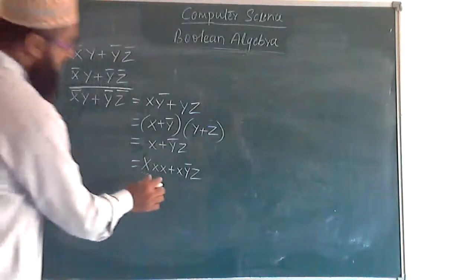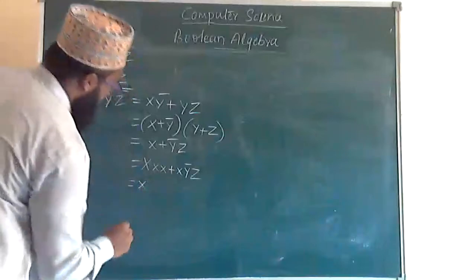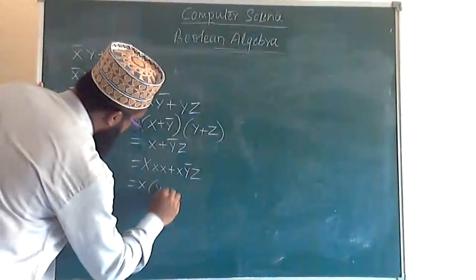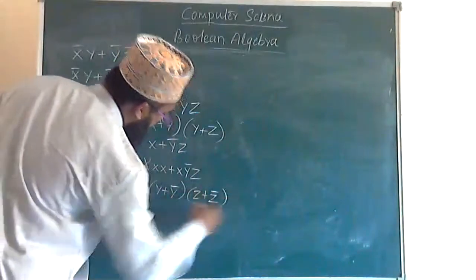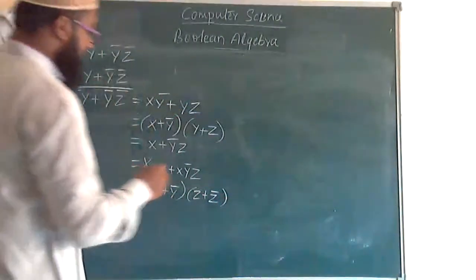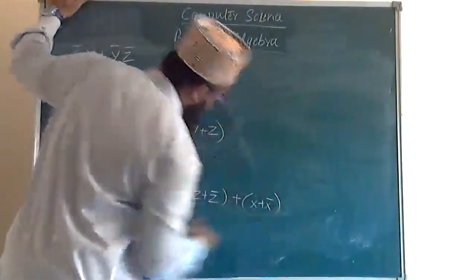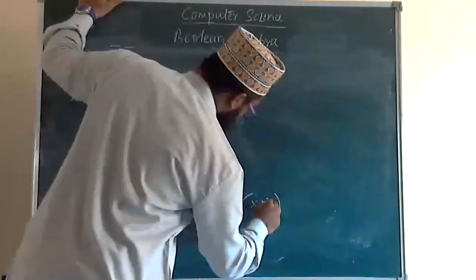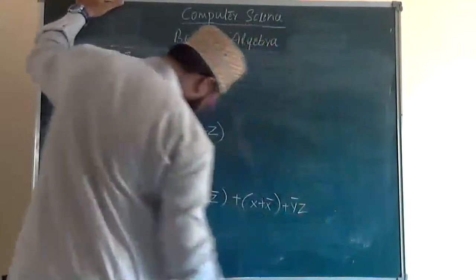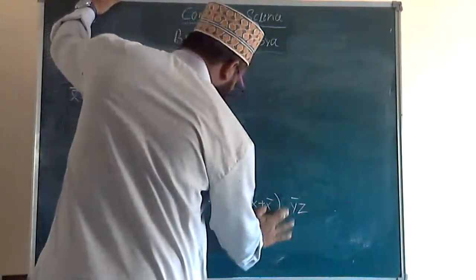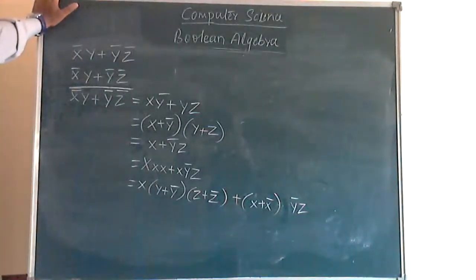Then write the combinations of x, which is equal to x into y plus y bar into z plus z bar, as we did in our previous class, plus x bar into y bar z. Is it clear?